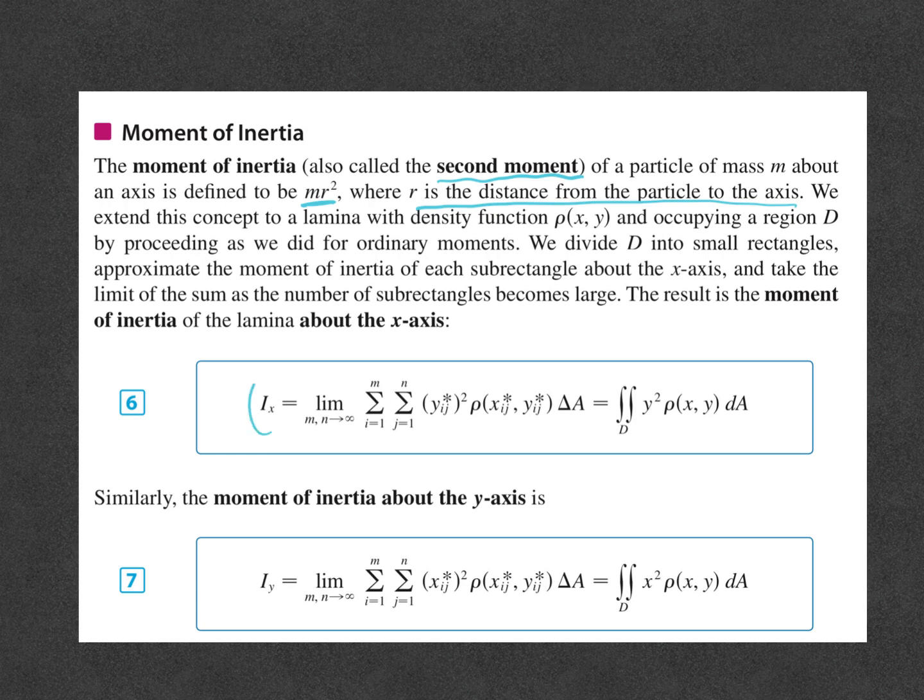So here we have the moment of inertia about the x-axis, and it's figured using the double integral with y squared times rho. And the moment of inertia about the y-axis is the double integral of x squared times rho. Thinking about the fact that we're talking about the distance from the particle to the axis, that's why this is going on in this way. There's another formula.